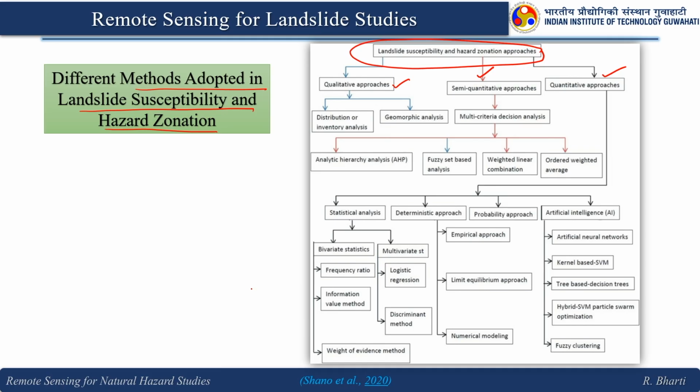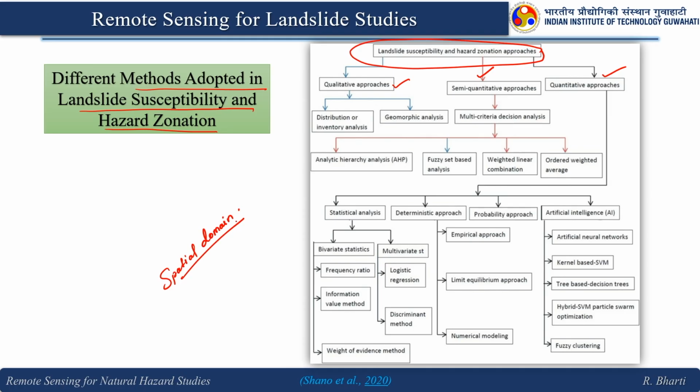All these can be done with remote sensing images, because you will be surprised to know that many of the parameters used in landslide studies are generated with the help of remote sensing. That is why all these analyses can be done in the spatial domain.